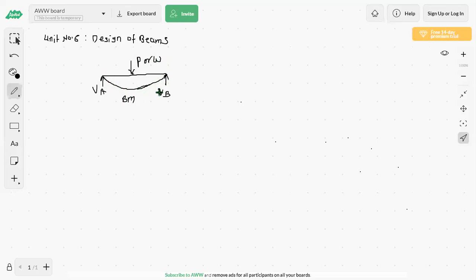In the plane of bending, it causes shear force and bending moment. Due to this transverse force we get this shape, and if we get this shape, then shear force and bending moment are generated. Are you getting what is a beam? Due to transverse loading in the plane of bending, we get the shear force and bending moment.